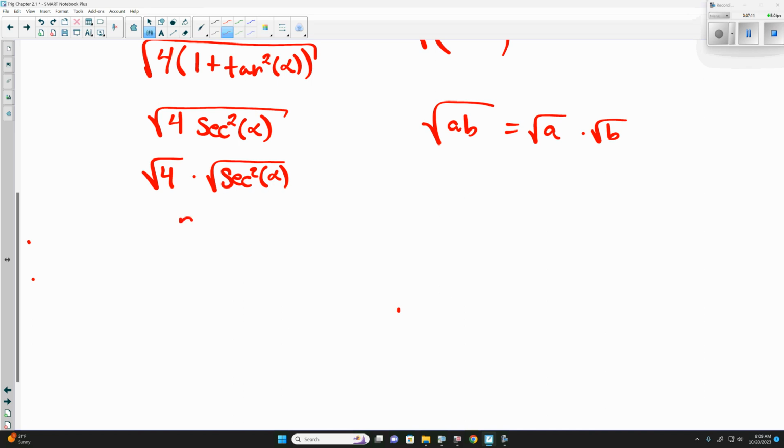So the square root of 4 is 2. Square root of secant squared is just secant of alpha. And that's it.